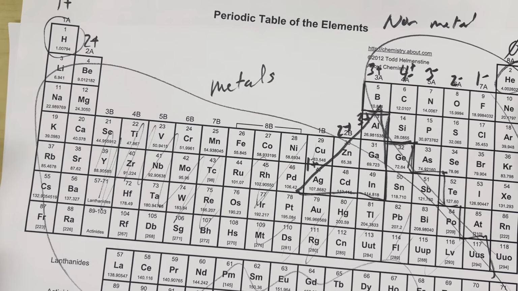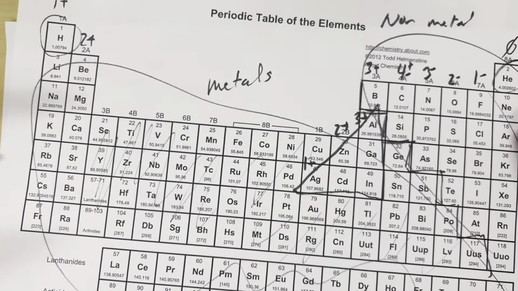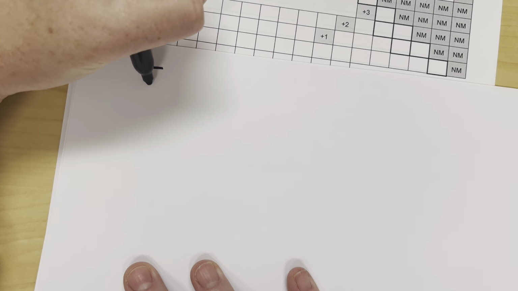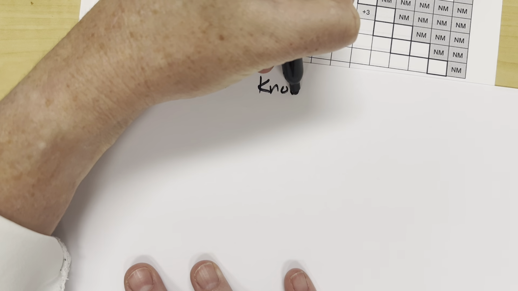Anytime you have an ionic compound made out of metals that you know the charges of, we're going to go ahead and call that type 1. So type 1, you know the charge of the metal.